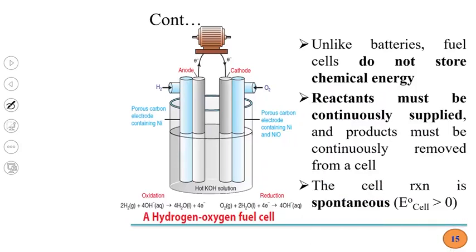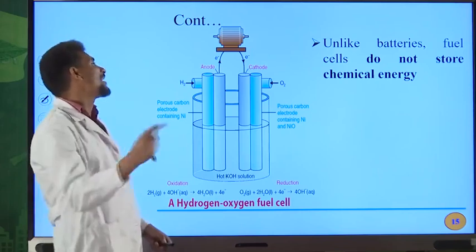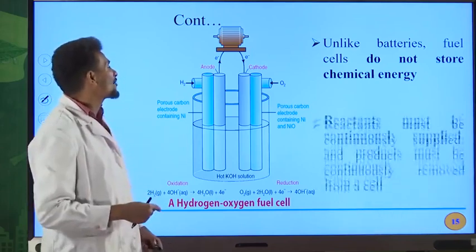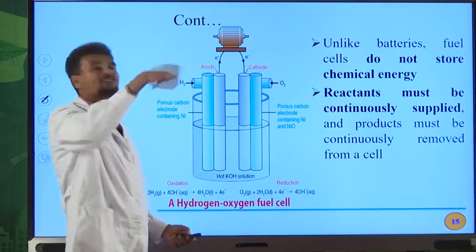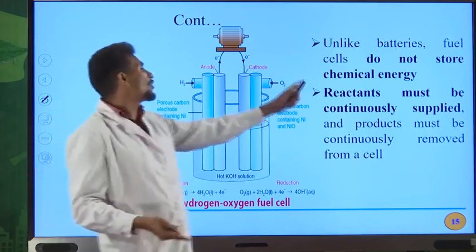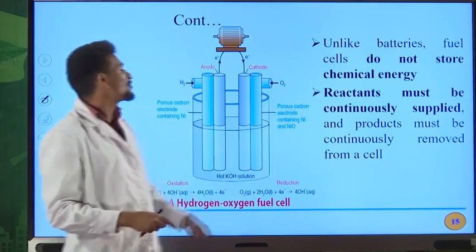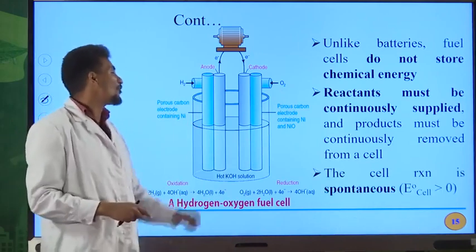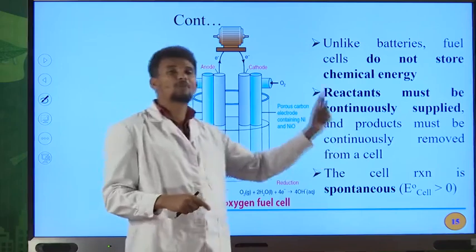So this is the hydrogen-oxygen fuel cell, and unlike batteries, fuel cells do not store chemical energy, but batteries store chemical energy. That's why they are rechargeable. Reactants must be continuously supplied and the products must be continuously removed from a fuel cell, and the cell reaction is spontaneous.